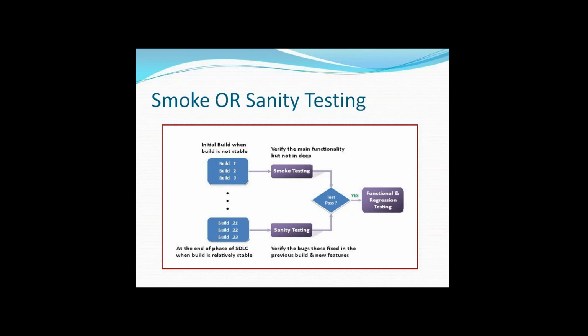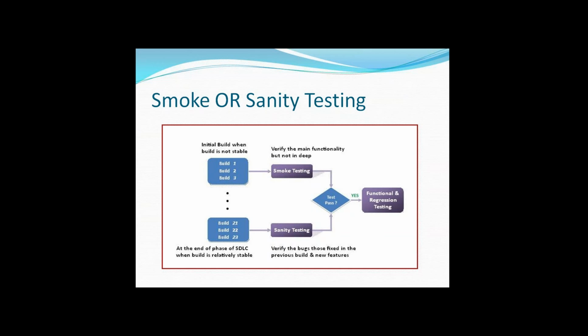Means for any build they have to give some duration. See, build one is on June 17th and build 2 is around the end of the month, June 30th, like that. So meanwhile a 15 day gap is there. But if you do not do smoke testing of that particular build, what happens?